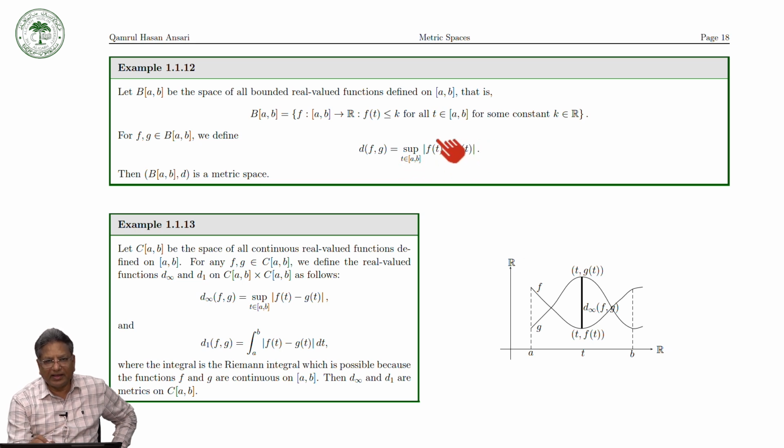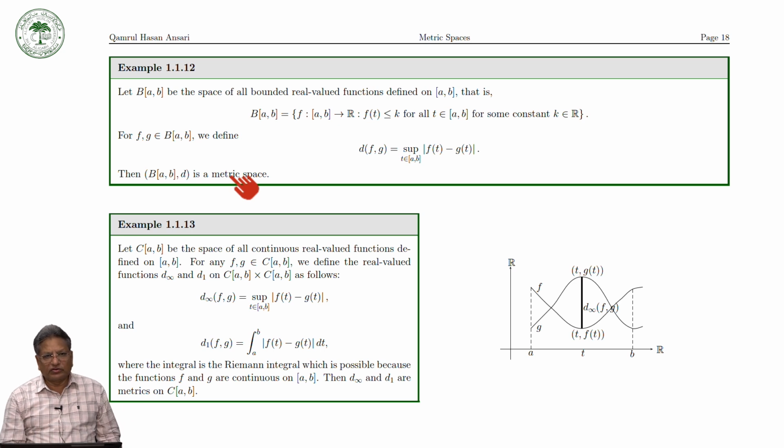Then again, by using the properties of the modulus, we can see that this function d satisfies all the properties of a metric, and therefore d is a metric on B[a,b], and B[a,b] with this metric d is a metric space.